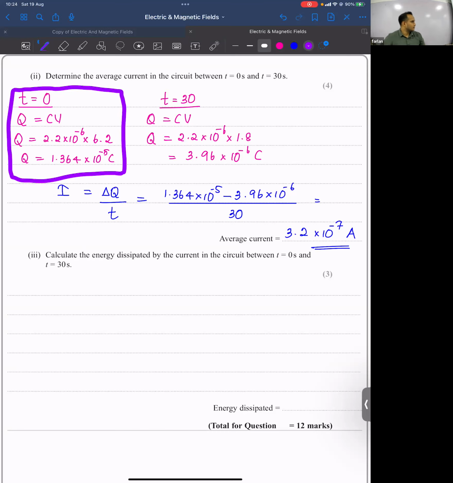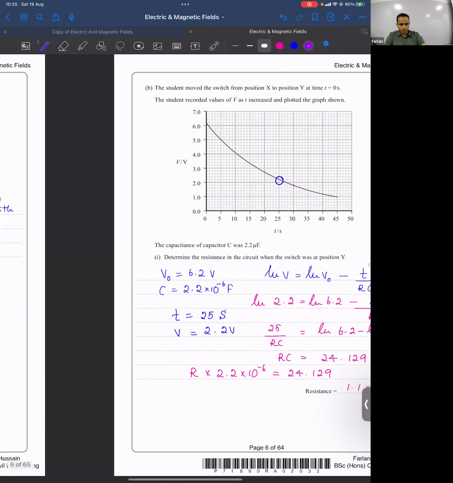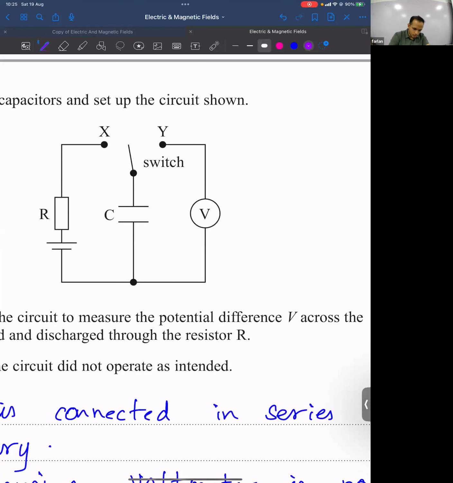Now you should understand this business, guys. Listen, look at this circuit. The moment you put the switch to point Y, initially this capacitor is charged. The capacitor has charge with him. Once you put the switch to Y, he will give the charge out.